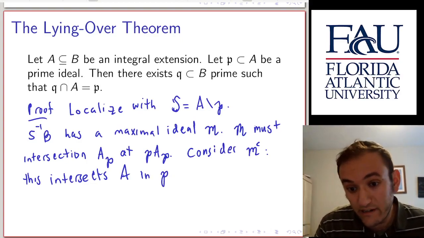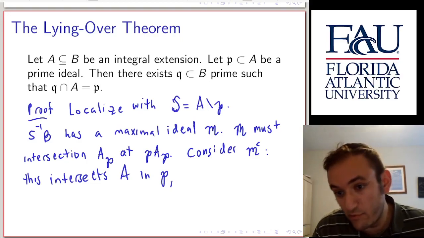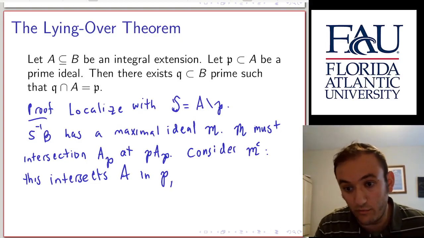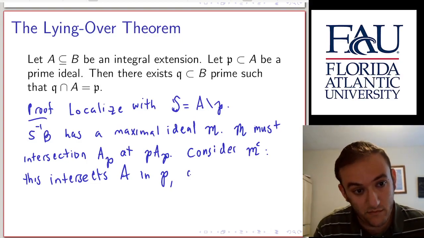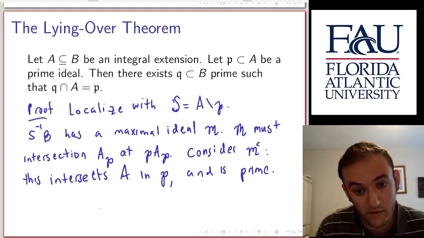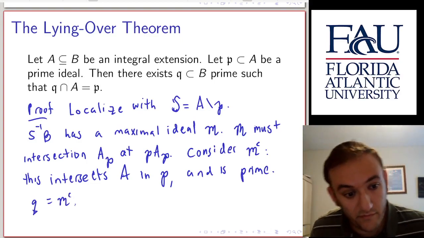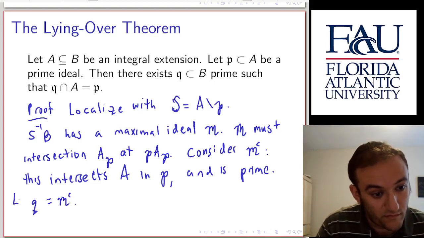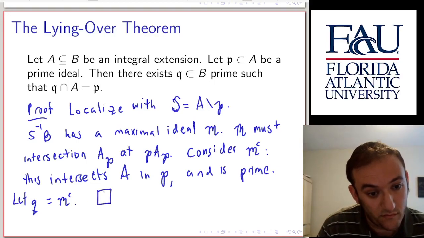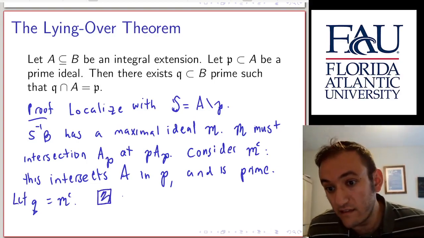Not only does it have the right intersection, it's also prime because it's the preimage of a prime ideal under a homomorphism. So we can take Q to be this contraction. Okay, and that's the Lying Over theorem.